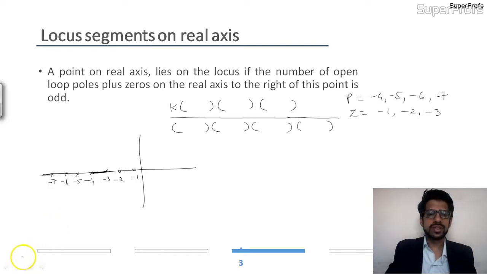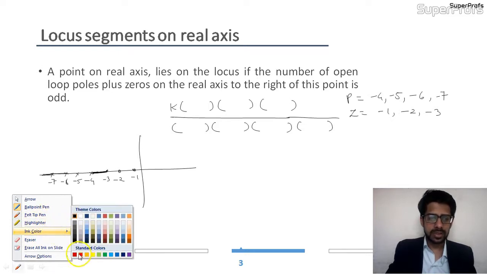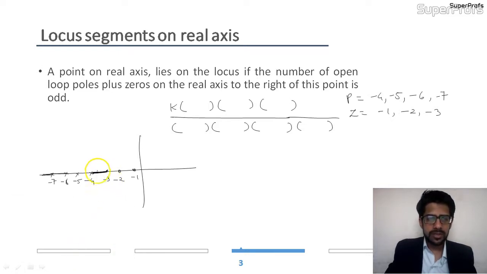So I will use a different color to show those parts which lie on a root locus. Let us use red color to show. So we have this particular line segment which lies on the root locus. We'll start from this two. For these points on the right side you have 1, that is odd.